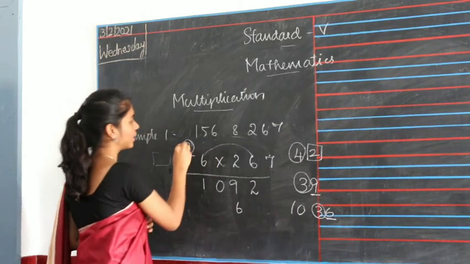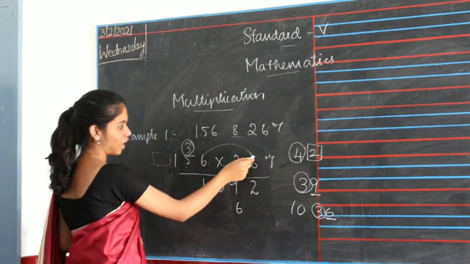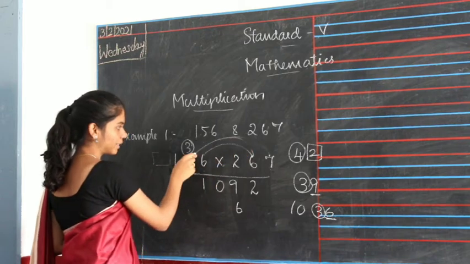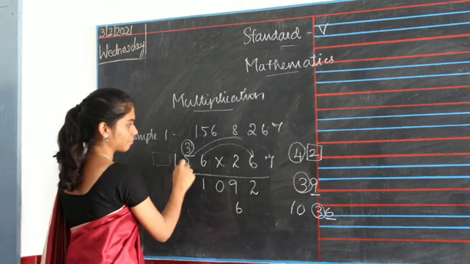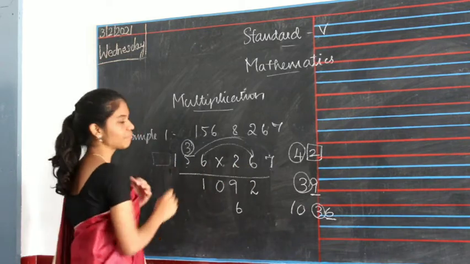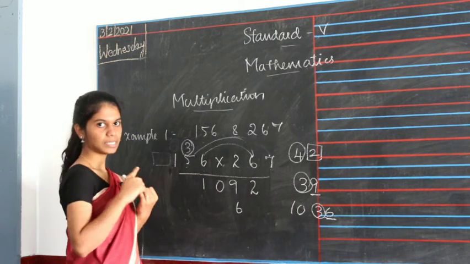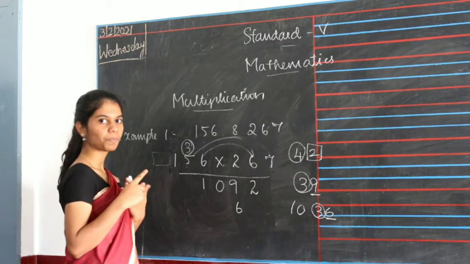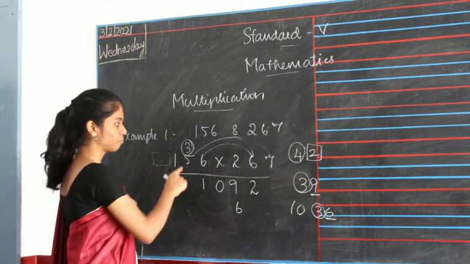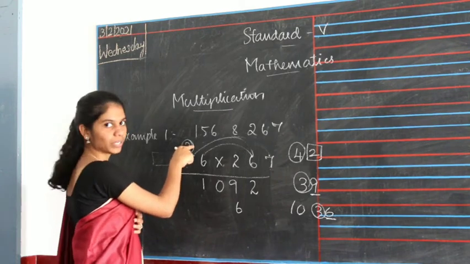Now here you have 6, and 6 is multiplied with the number before the unit number, which is 5. 6 1s are 6, 6 2s are 12, 6 3s are 18, 6 4s are 24, 6 5s are 30. 30 plus 3, the carry.